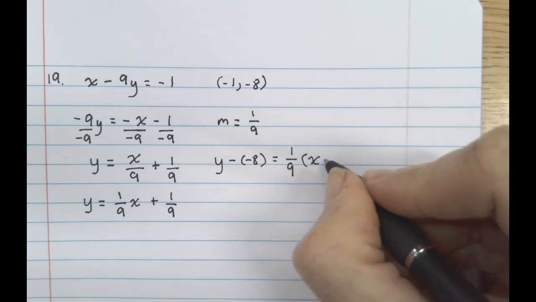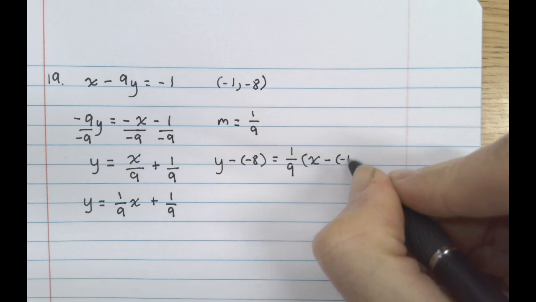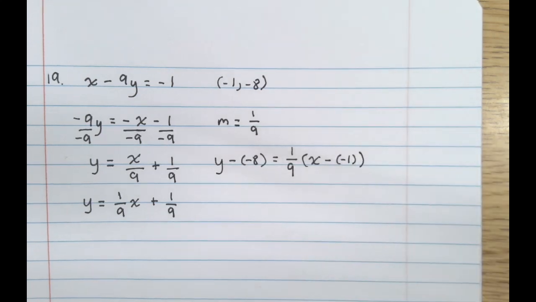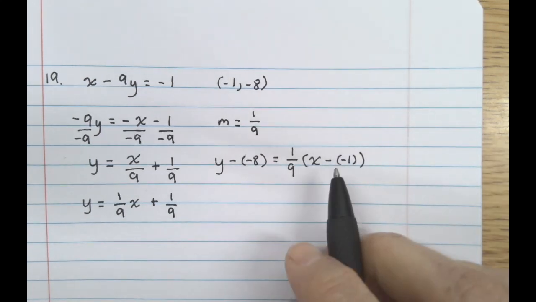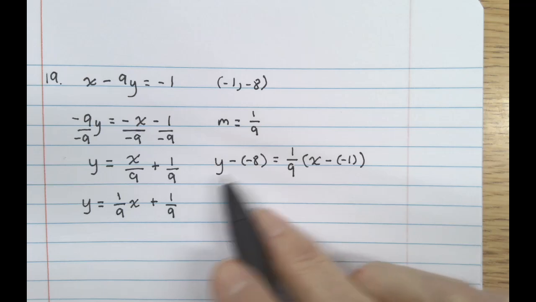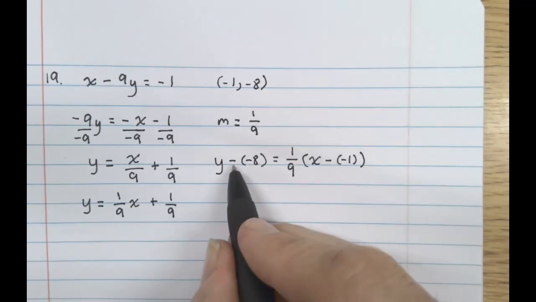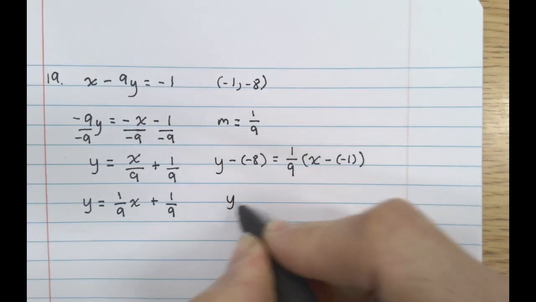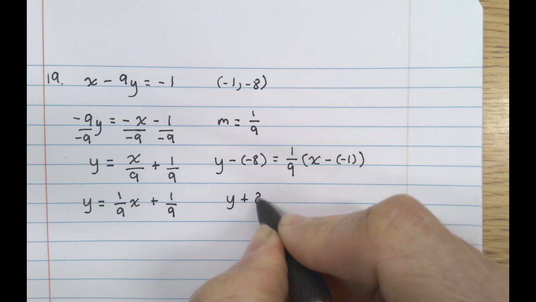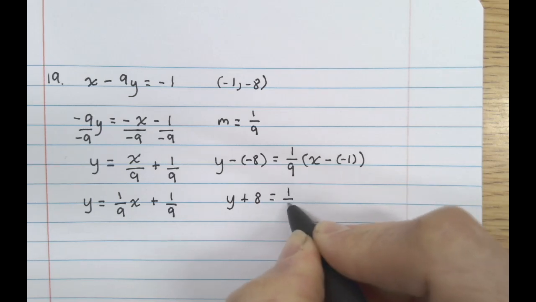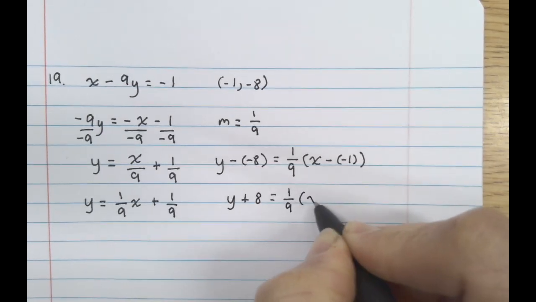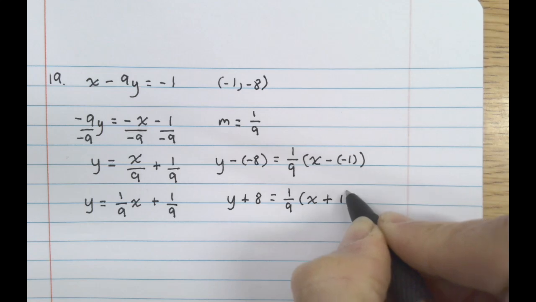So x minus a -1. Alright, now I'm going to go ahead and rewrite with the proper signs, right? Because minus a -8, well, that's just y plus 8. And this is going to be x plus 1.